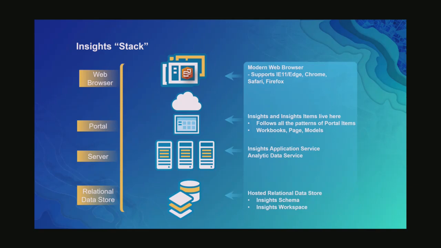Let me ask, you guys are familiar with ArcGIS apps in general, right? They're pretty much heavyweight JavaScript clients talking a lot of REST calls back and forth, making use of REST services. Well, Insights kind of, sort of does that. We actually have this thing called the Insights Application Service, and that's the only service that Insights knows how to talk to.